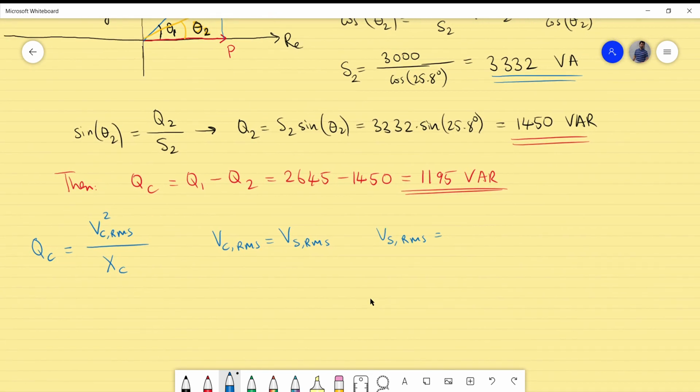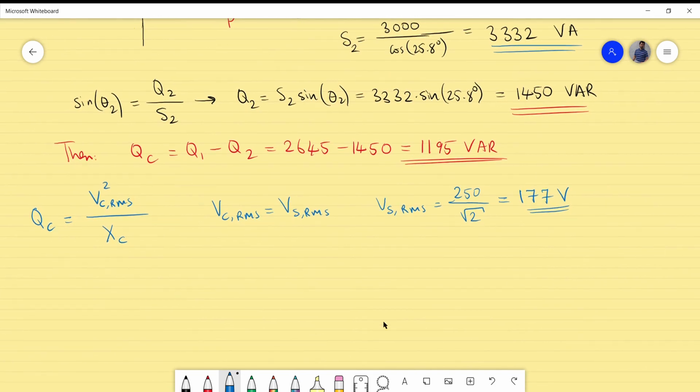I have this 25 volts peak divided by square root of 2. That's actually the value which I need to use to come up to the value of the capacitor voltage in RMS also. So that will be roughly 177 volts. That's RMS.